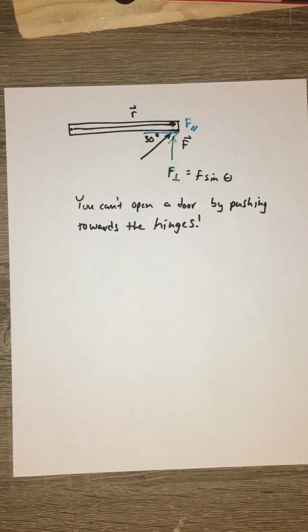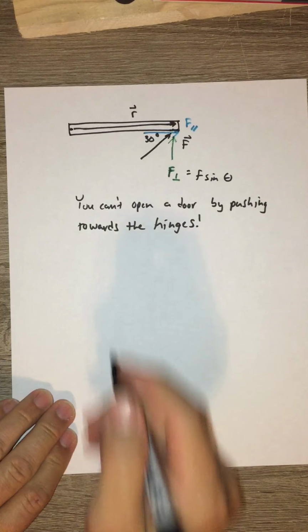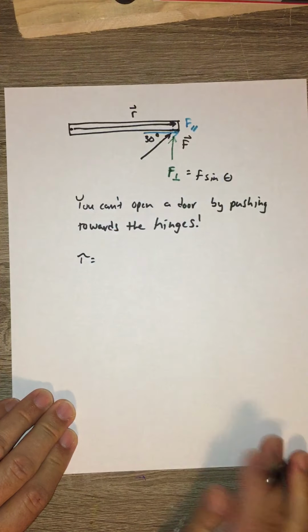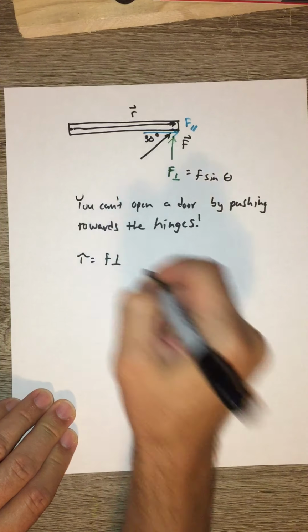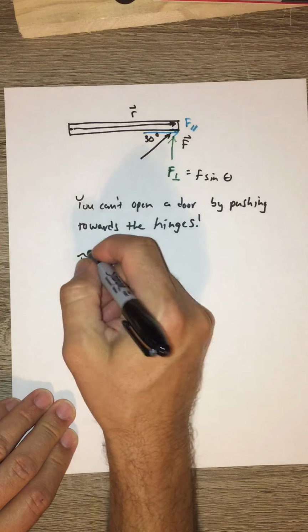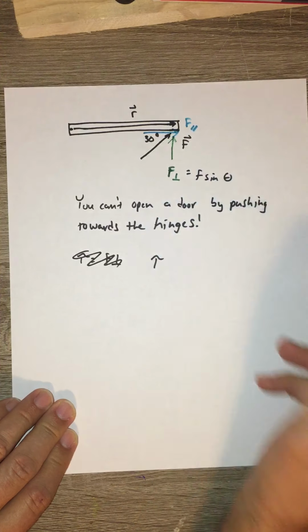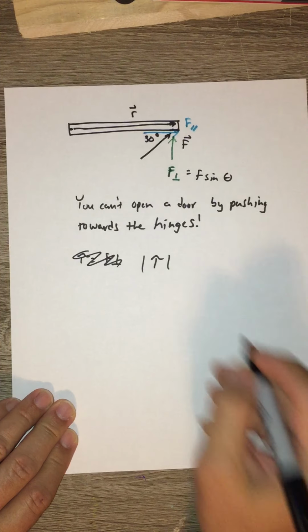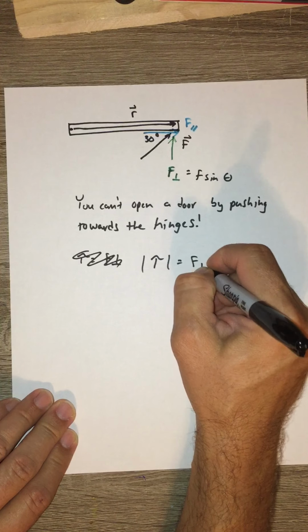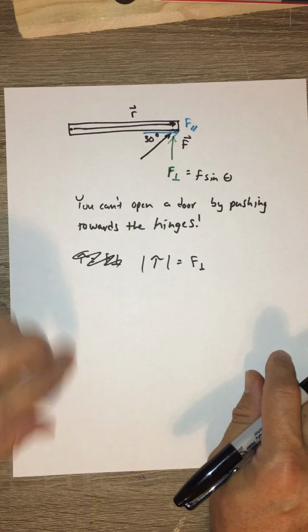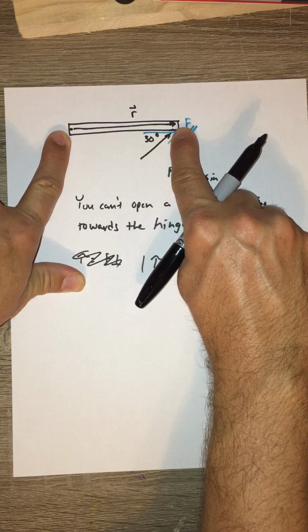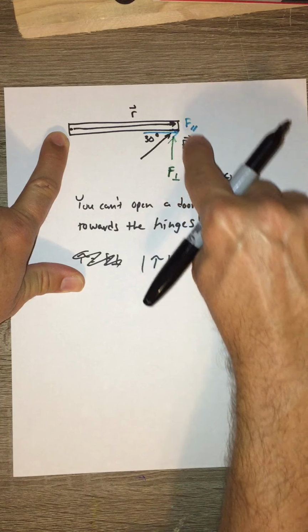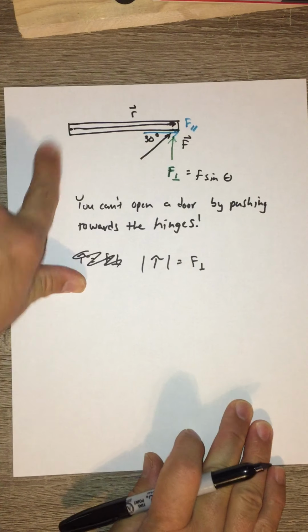All right. With that said, I can say that the magnitude of the torque produced by this is F perpendicular. That really should have been a subscript. Let me just do that again. The magnitude of the torque is F perpendicular times the distance between the point of summation, or the point of calculation, however you want to say it, and the point of application of the force.